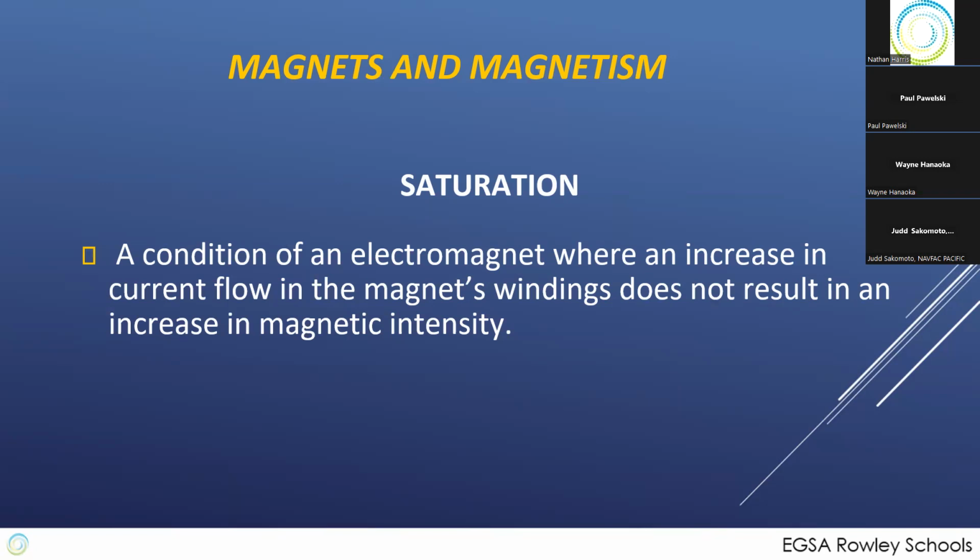In a magnetic field, if it's magnetically saturated, increasing the current in the coils creating the magnetic field is not going to give you more magnetic force. This makes a physical limit on how small you can make an electric motor of a certain power, how small you can make a generator of it.